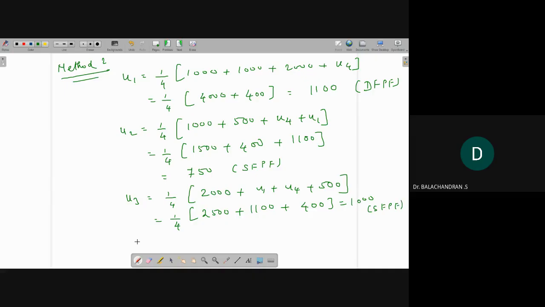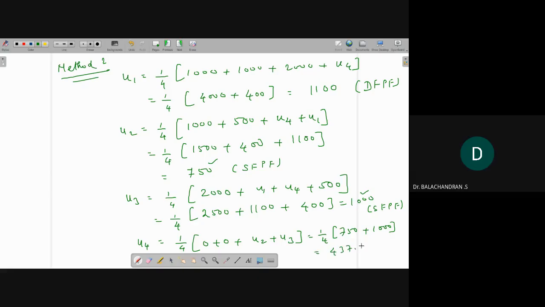And finally U4. 1 by 4. For U4 again the standard 5-point formula, 0 plus 0 plus U2 plus U3. So for U2 you should choose 750. For U3 you can choose 1000. So 1 by 4, 750 plus 1000, 1750 divided by 4, what you will get? 437.5.